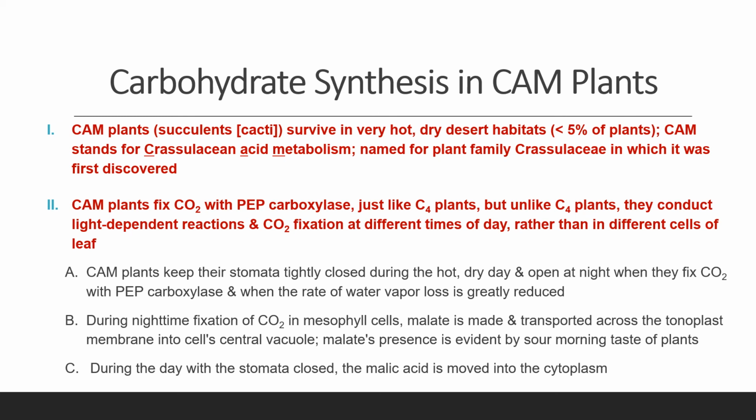During nighttime fixation of carbon dioxide in mesophyll cells, malate is made and transported across the tonoplast membrane into the cell's central vacuole. Malate's presence is evident by the sour morning taste of these plants. During the day, with the stomata closed, the malic acid is moved into the cytoplasm.